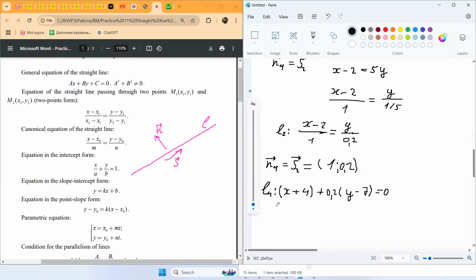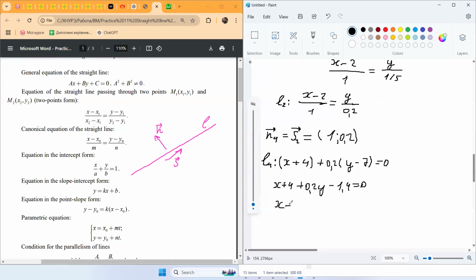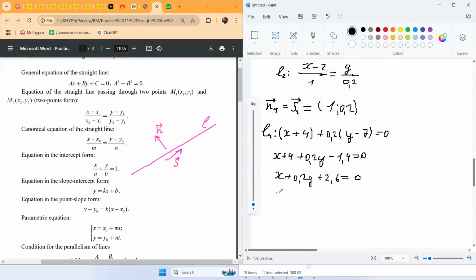Now let's improve it a little bit because we will have to draw the graph of this line. So x plus 4, first of all, let's expand. x plus 0.2y plus 2.6. And now let's multiply it by 10, by the way.